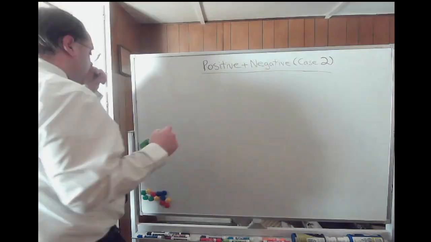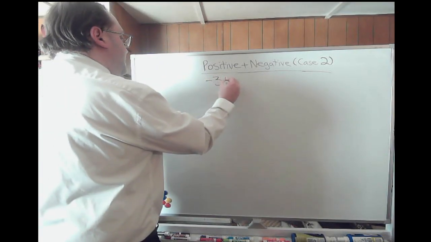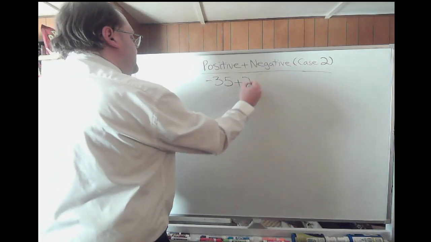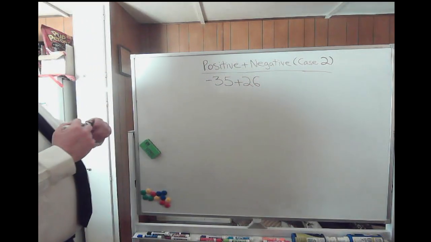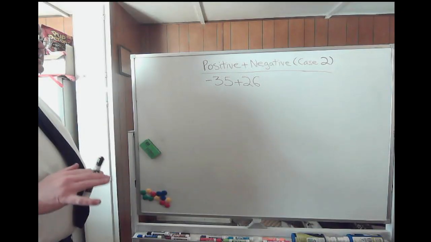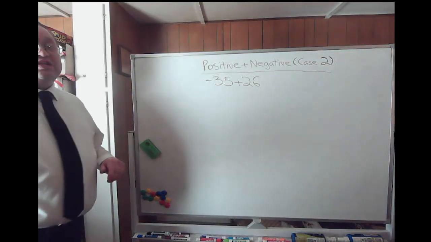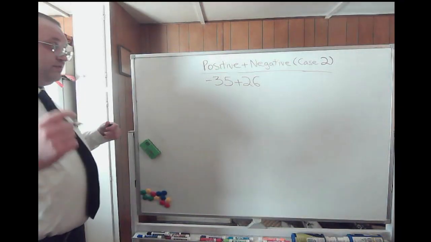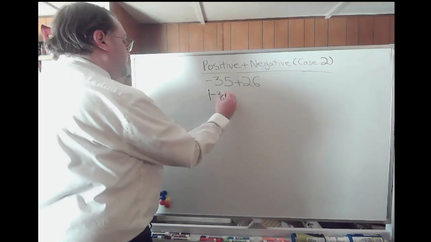Let's say I have negative 35 plus 26, right? I want to do negative 35 plus 26. Well, again, before we find the solution itself, let's find the nature of the solution. So take the absolute value of each term.